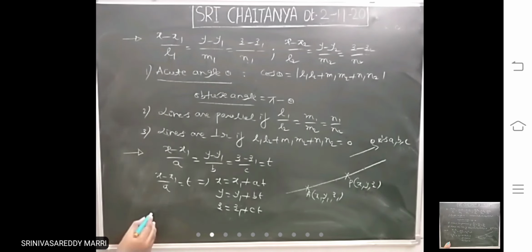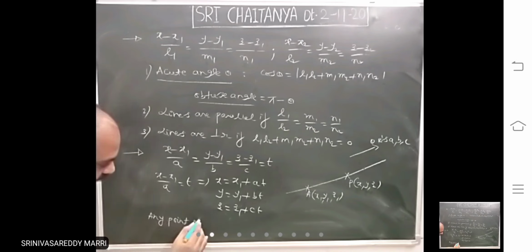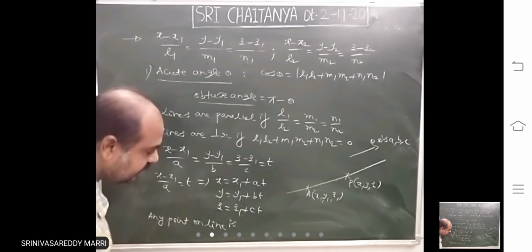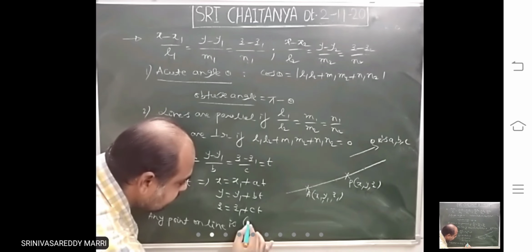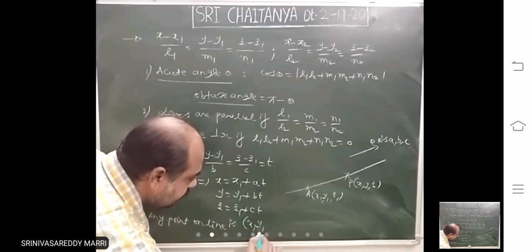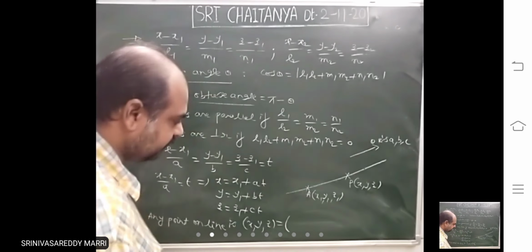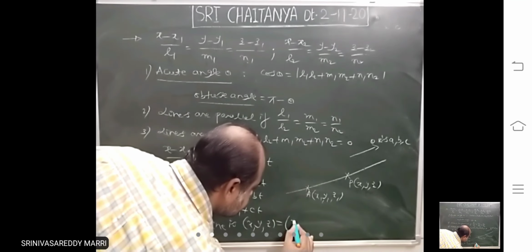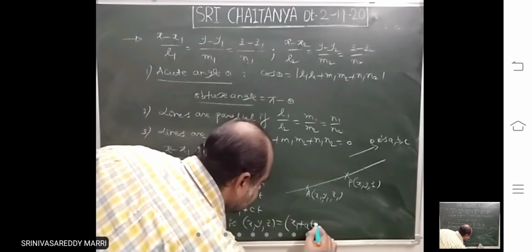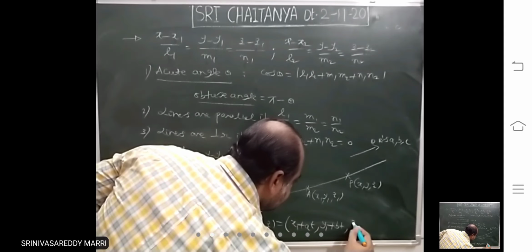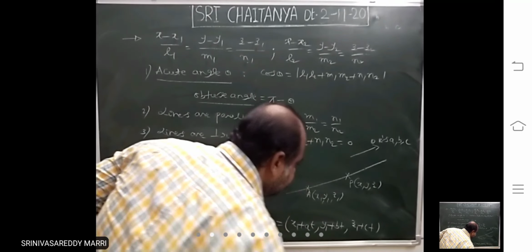So therefore, any point on the line is taken as x comma y comma z equals x1 plus at, y1 plus bt, z1 plus ct.